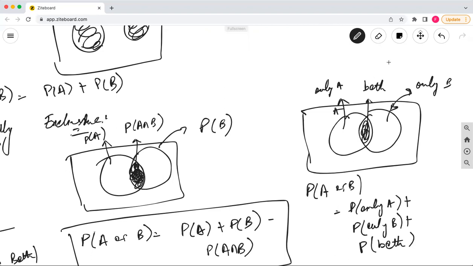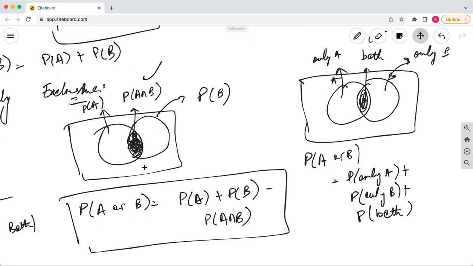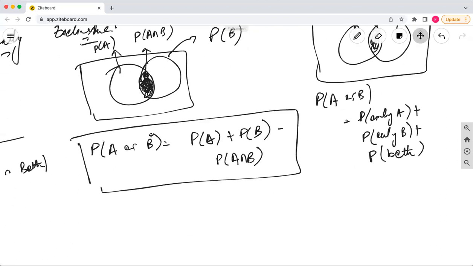So you could be provided this way, or you could be provided that way. This is what you need to figure out. Okay, so this was for the A or B case. Now let's see the AND scenario.